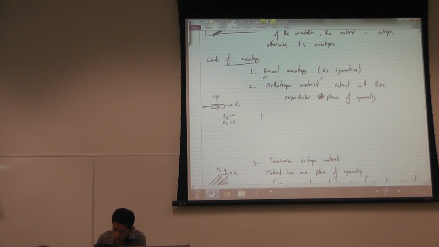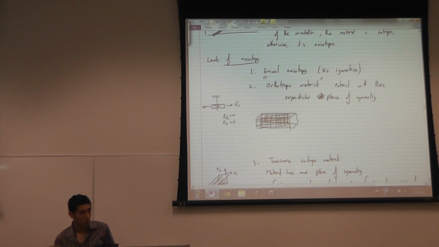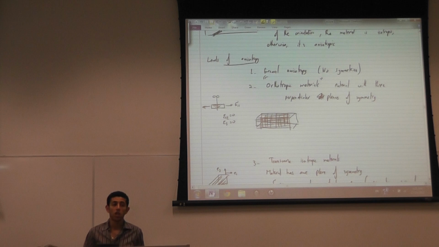A typical orthotropic material would have fibers oriented in two different, perpendicular directions. So for example, fibers in this direction, fibers in this direction, and no fibers in the third direction. When you measure the relation between the stress and the strain in the three directions, you get a different behavior. It's stiff in one direction, less stiff in the second direction, and maybe weaker in the third direction.